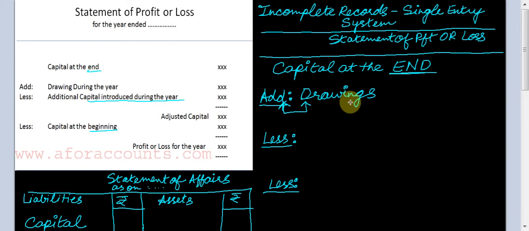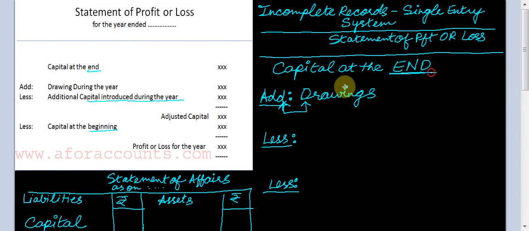Now I am going upside down. It should actually be beginning of something, then during the year, and then end of the year. But I am taking end of the year, then during the year, and then the beginning. See how it works? Capital at the end.